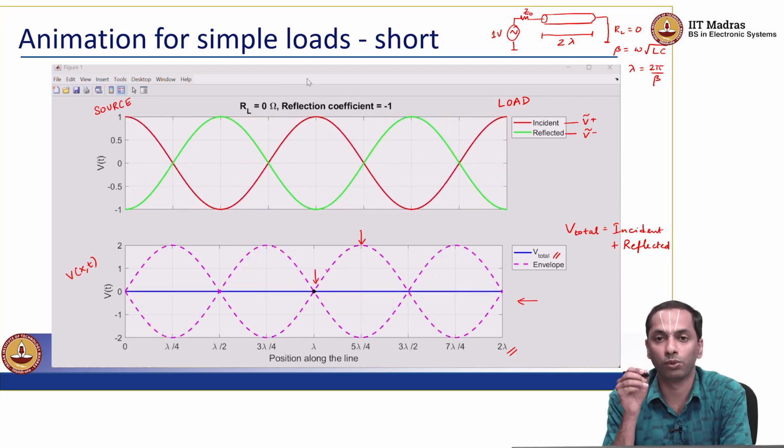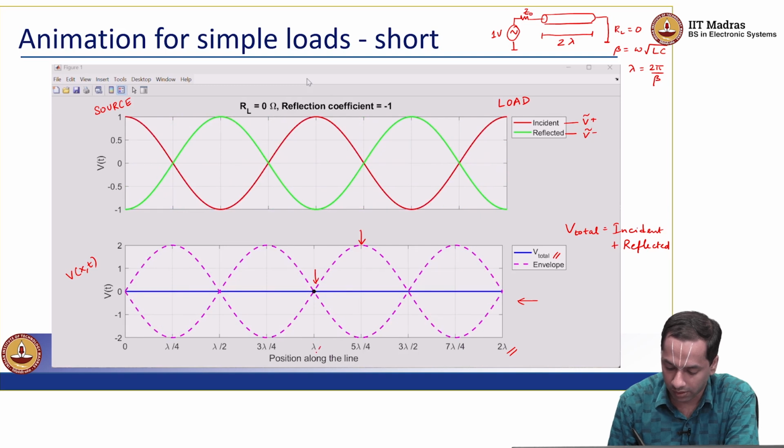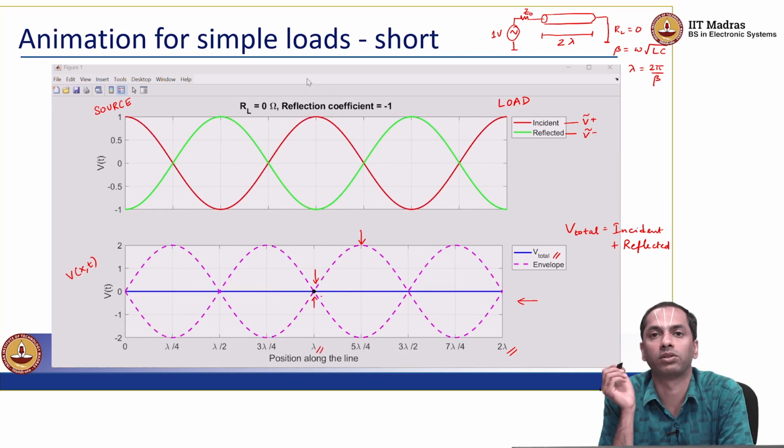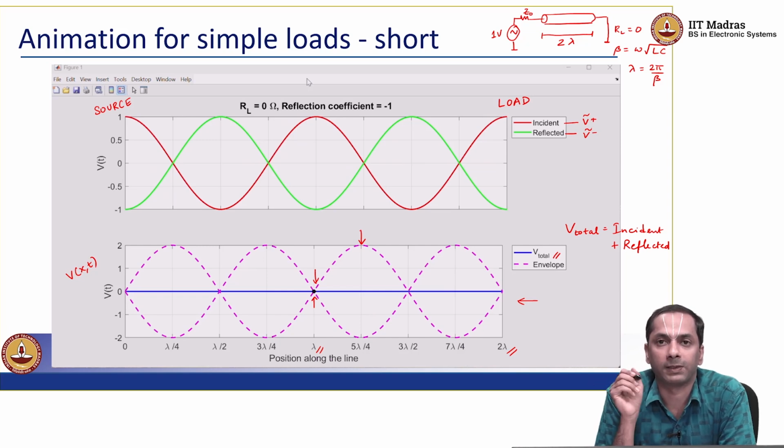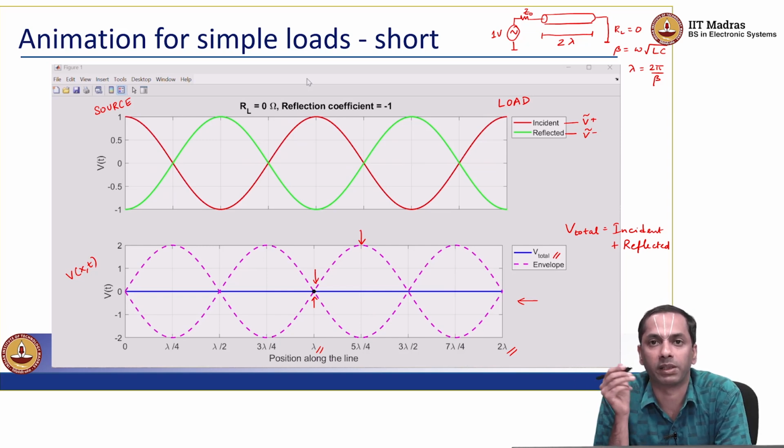I have used the point at lambda, this black dot. For the subsequent animations, I want you to look at the black dot. That black dot would essentially be the measured voltage, say using a multimeter in real time. Follow the black dot.